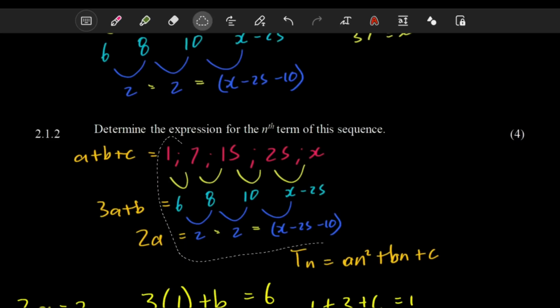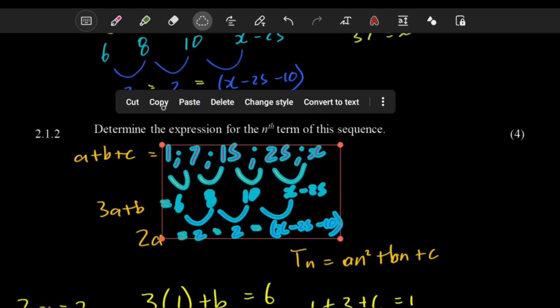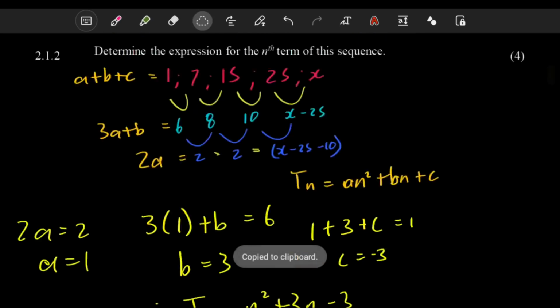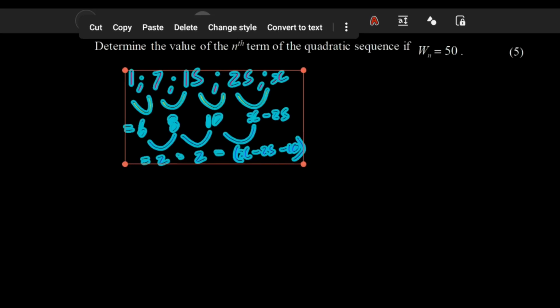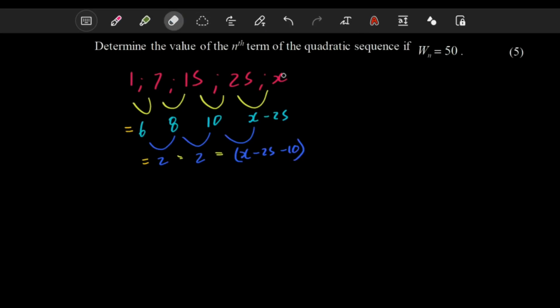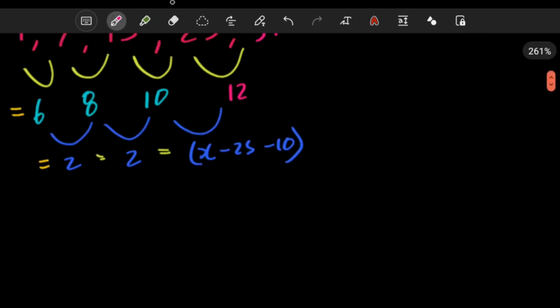I feel like we need to use it again. Let me paste it over here. I might as well put in a value for x already. So this part over here is just a 12. And then obviously the second common difference here is just a 2.